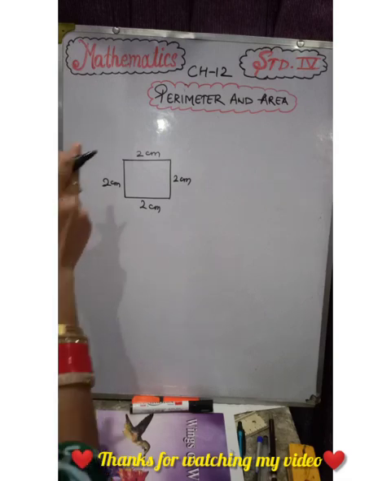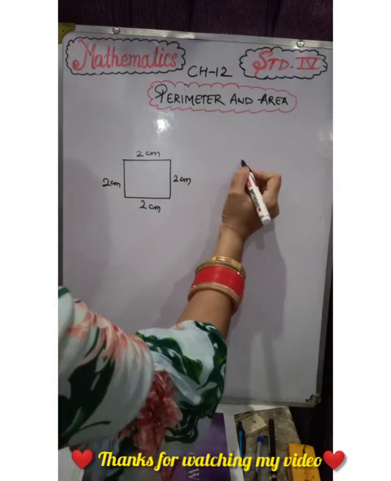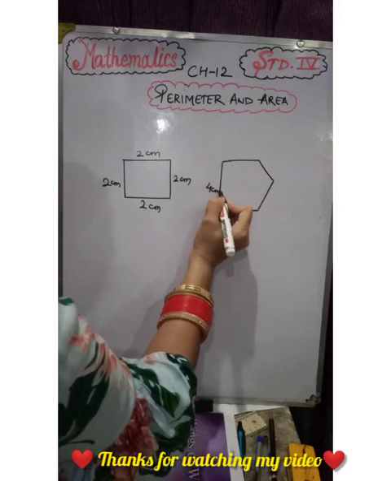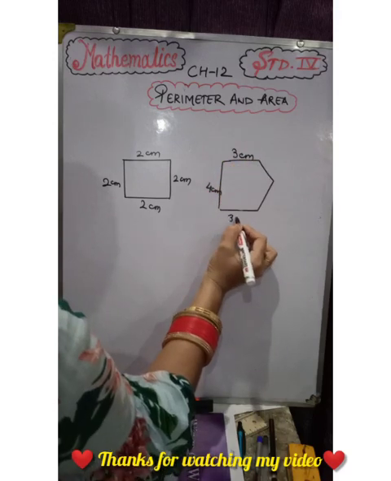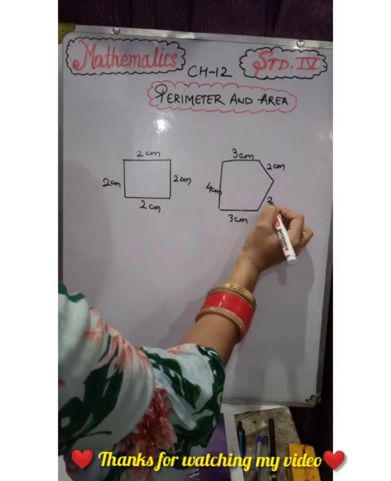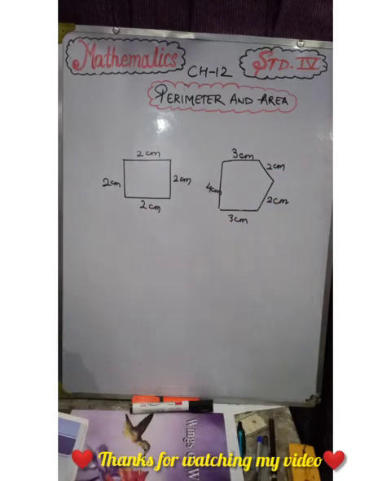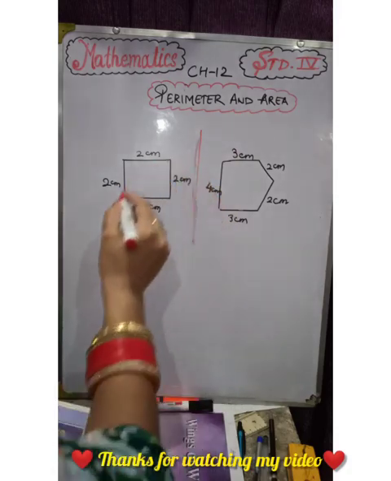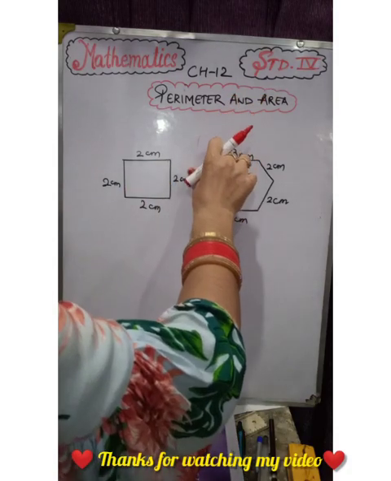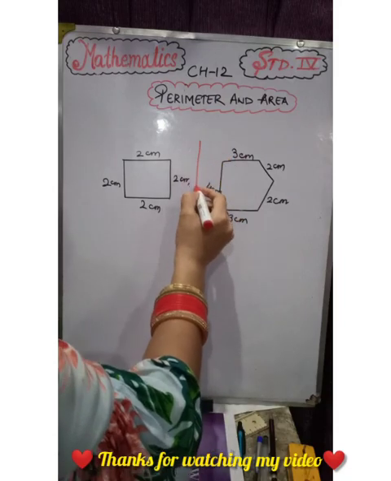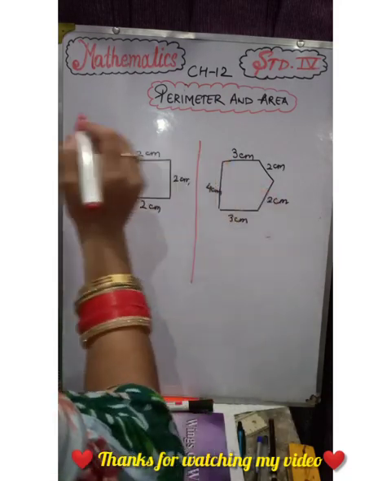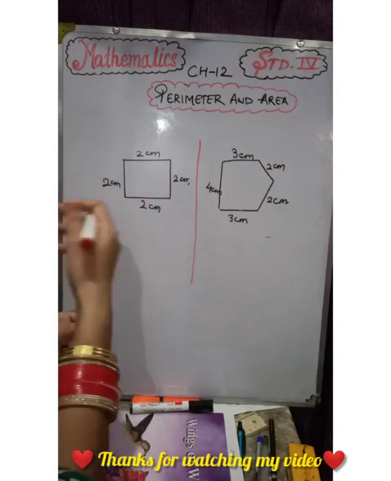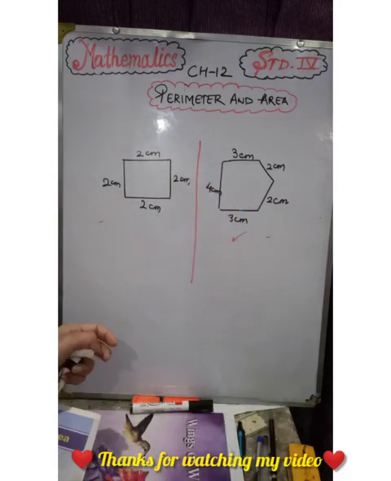But if all the sides are not equal, like this, then we have a different formula. Now we have two types: if all the sides are equal, and if sides are not equal. We will use a different formula for both cases. So let us discuss the case when sides are different.